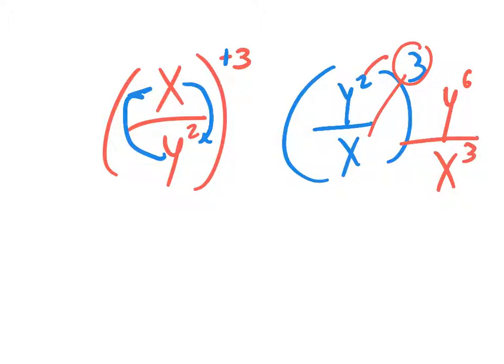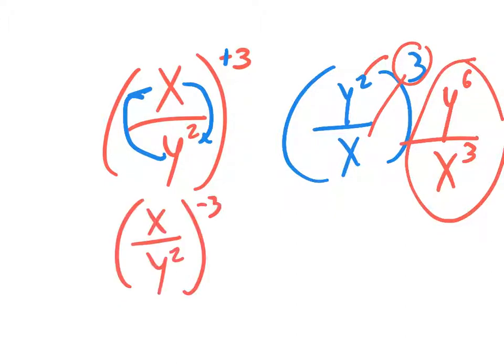Now, if you don't believe me that that actually works, let's do it the regular way. Let me rewrite this. So here's my problem rewritten. And let me distribute first the way we normally would. Put the negative 3 on the x, put the negative 3 right there with the 2, you have to multiply it. You'll end up with x to the negative 3 over y to the negative 6.